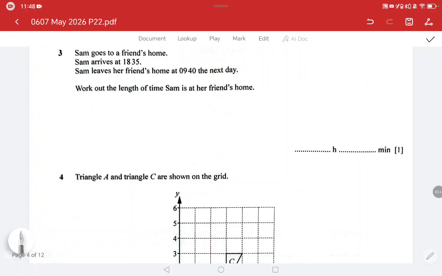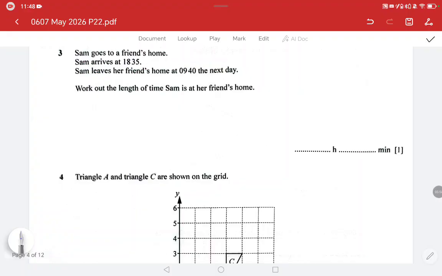So in this question, to make it easy for yourself, don't try to subtract times directly, because you'll almost go wrong. Break it into stages. First go to midnight and then add the remaining morning time.